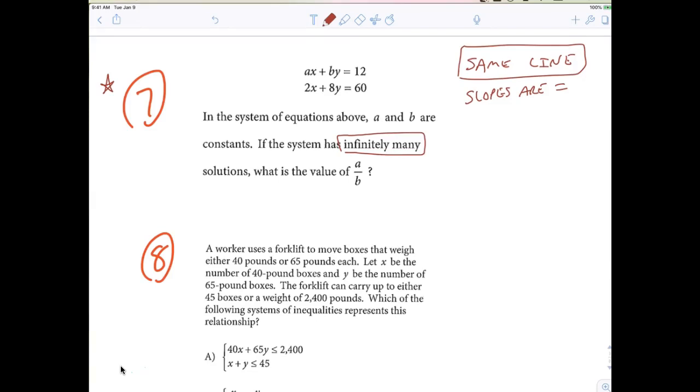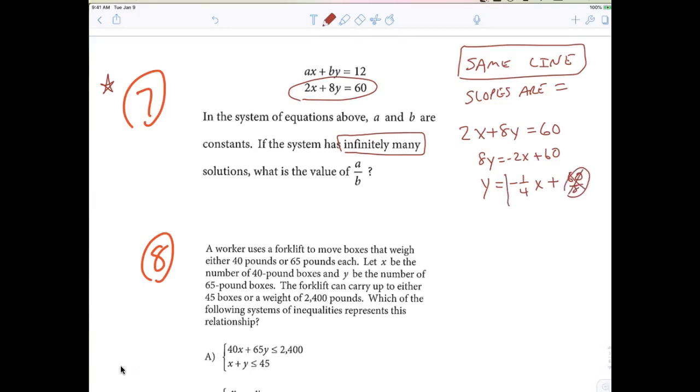So if the slopes are the same, let's figure out what the slope of this line is. 2x plus 8y equals 60. So 8y equals negative 2x plus 60. So y equals negative 1/4 x plus 60 over 8. I don't really care about the 60 over 8.